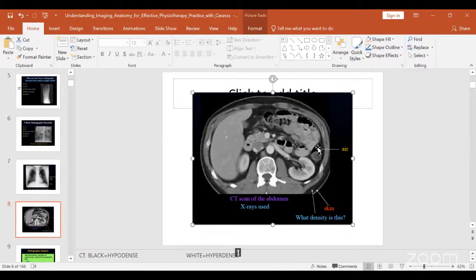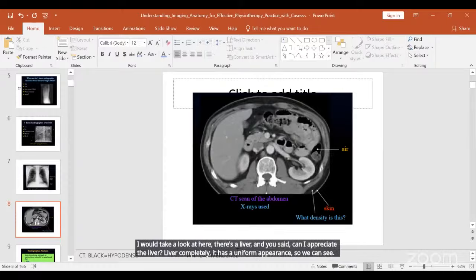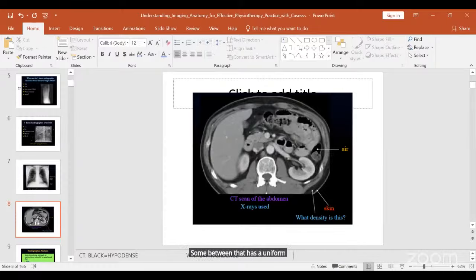Are we together? Look at here. This is the liver. Can you appreciate the liver? It has a uniform appearance. So something that has a uniform or similar appearance, we call it isodense. Uniform or homogeneous appearance: isodense appearance. Are we together? Now, we know the liver should have a homogeneous isodense appearance, but we now see a hepatic cyst inside here.